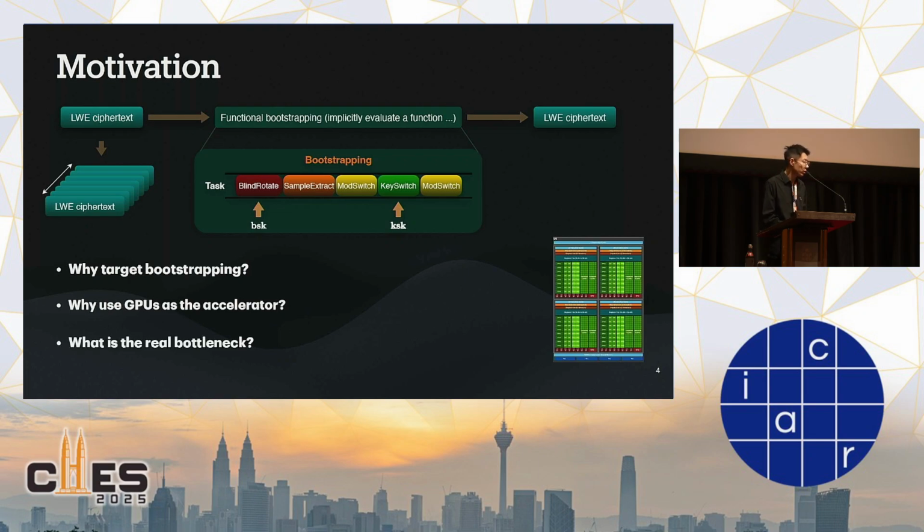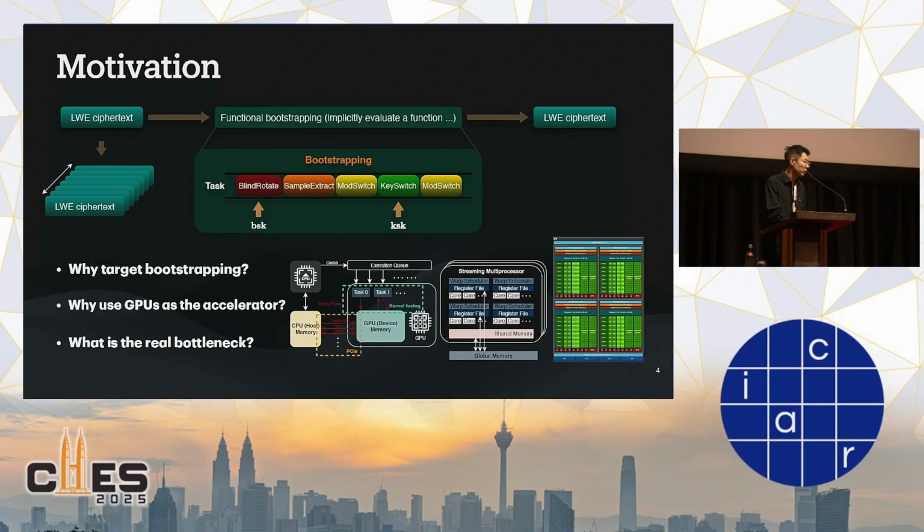Okay, the third question is what is the real bottleneck? This is a complex question, so I will use some figures to explain more. I think there is not only one bottleneck, but several. The first bottleneck is that we have a lot of tasks to assign to the GPU, so we need to do task scheduling manually in our code.